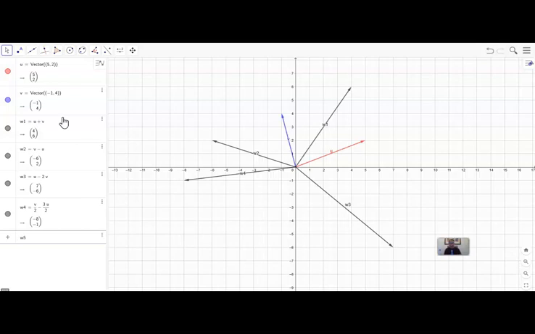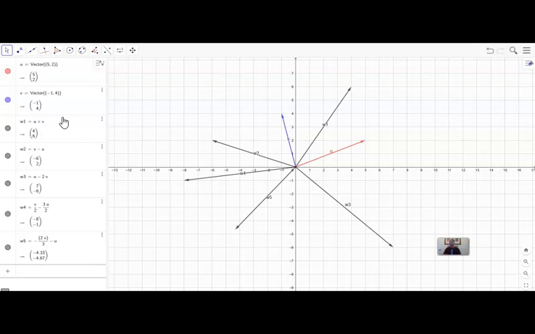How about the last one? w5 will be negative 2v over 3. So remember to use the right arrow to get out of the fraction, minus u. And there is our fifth vector. So those are 5 linear combinations of u and v, along with the original vectors u and v.